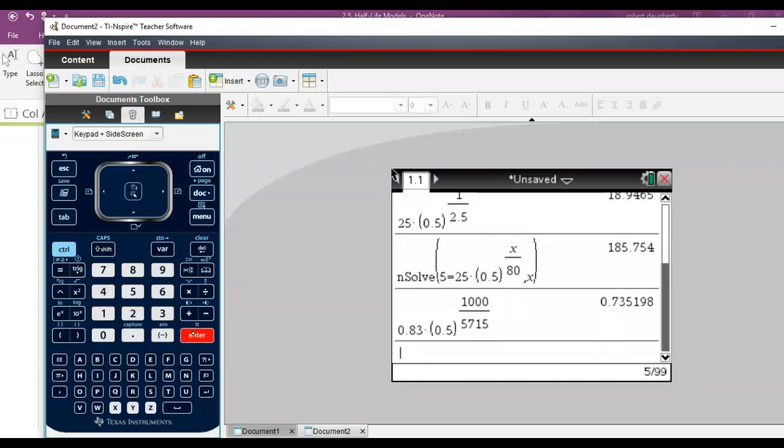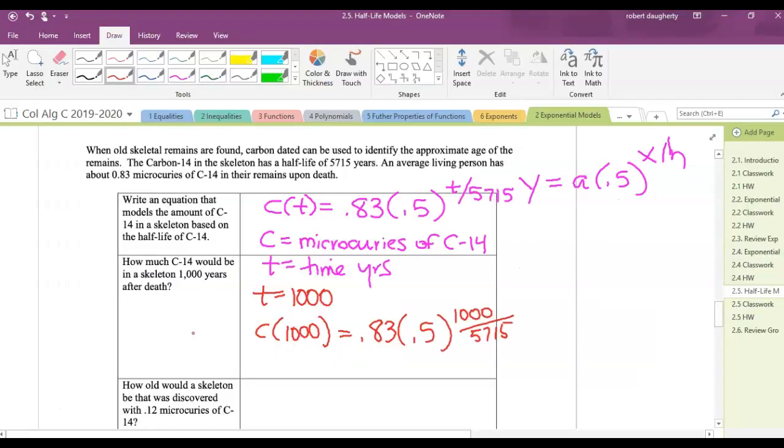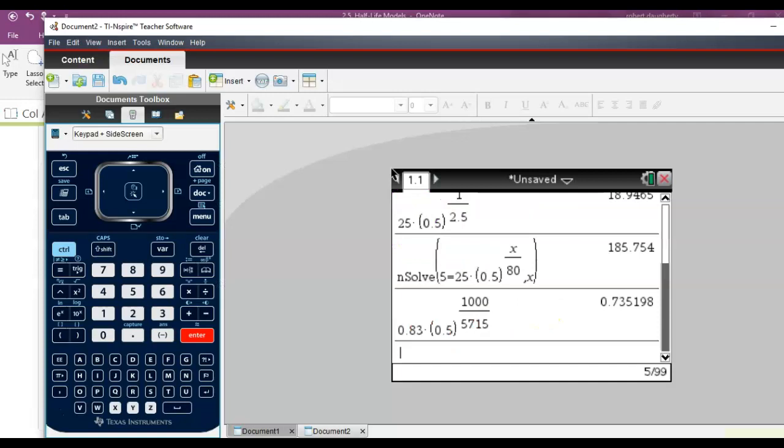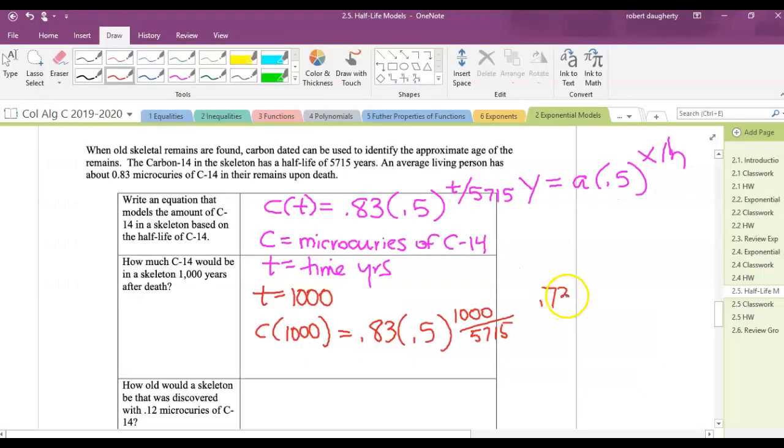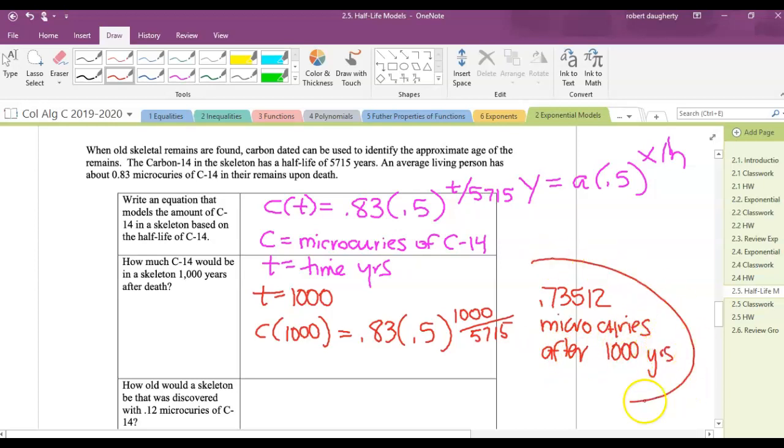And I get 0.73512 microcuries after 1,000 years, okay?